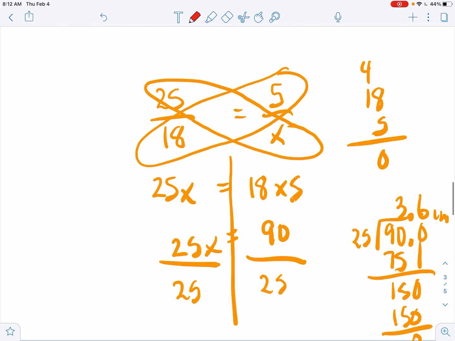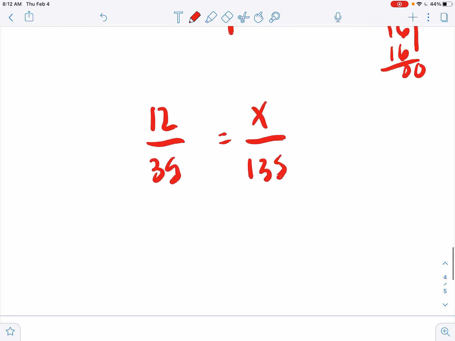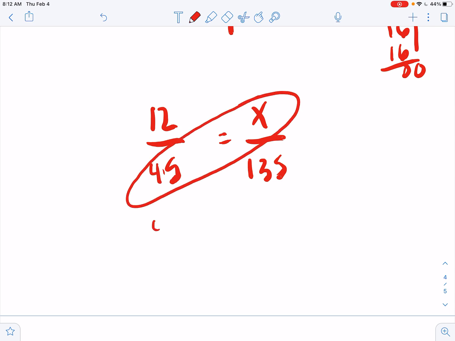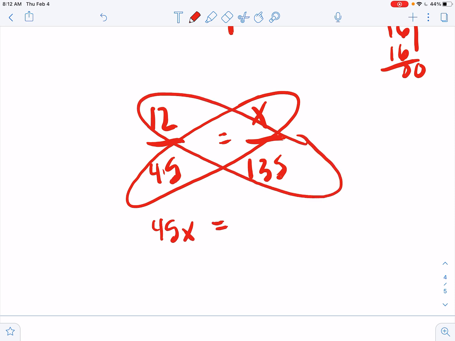That's 45. See? Okay. 45x is equal to 12 times 135.